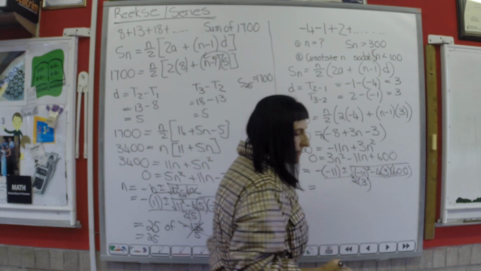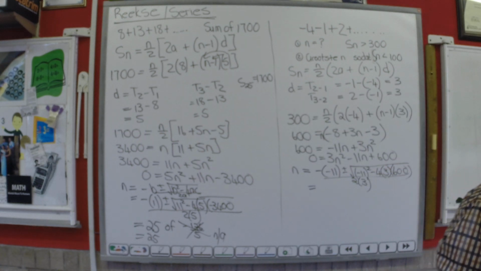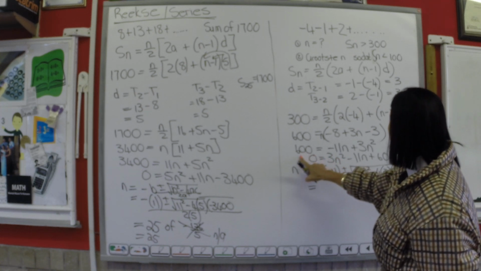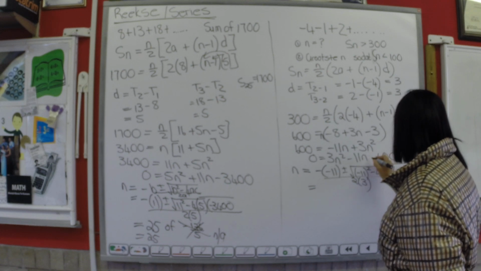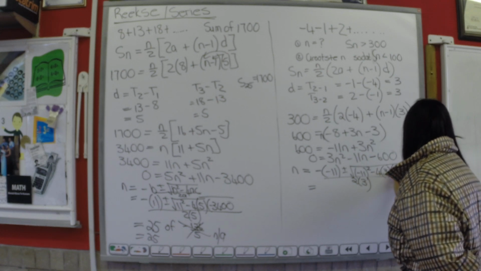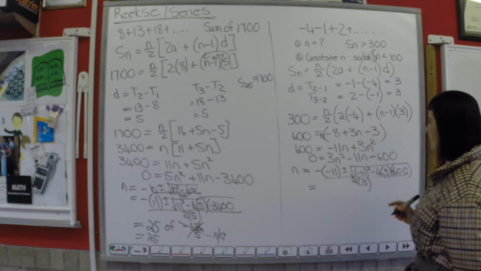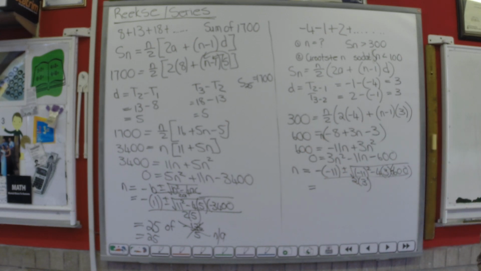As ek dit dan nou in my sakrekenaar gaan insleutel, dan kry ek plus 600. Let me just check this out. It mustn't be a plus 600, it must be a minus 600. So that must be a minus. Be careful of that. If you take it to the other side of the equals to, it becomes a minus.